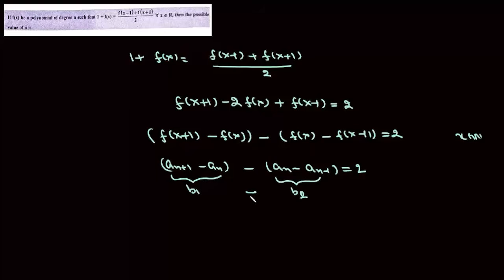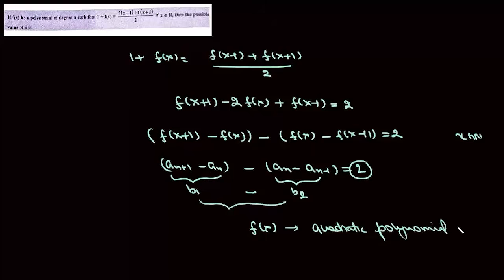So this successive difference is constant, and we know that when the successive difference is constant, then the term will be a quadratic term. So this function f of x will be a quadratic polynomial. So the value in this case will be simply 2.